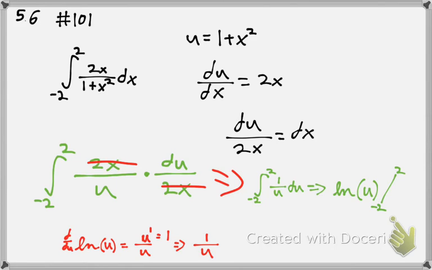And so now we plug in for the u and the variables. So it's ln of 1 plus x squared from -2 to 2, which is equal to ln of 1 plus 2 squared.